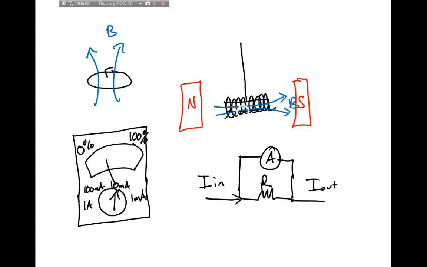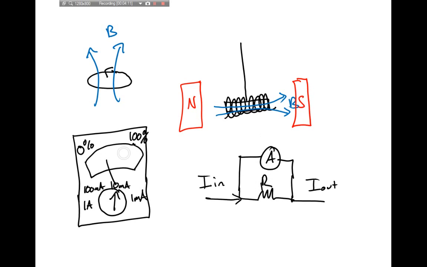If you had 1 amp of current flowing through this coil in your galvanometer, it would exert a very large force on the needle, and the needle would just deflect all the way to 100%. And that's not very useful, right? We want to actually be able to measure that current. So what you do is you put the galvanometer in parallel with an extremely small resistance, so that most of that 1 amp will flow through this shunt resistor down here, and only a little bit of the current will flow through your galvanometer.